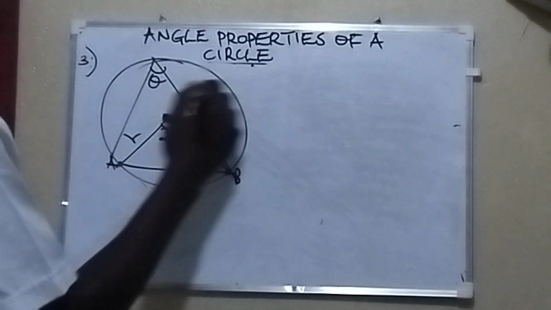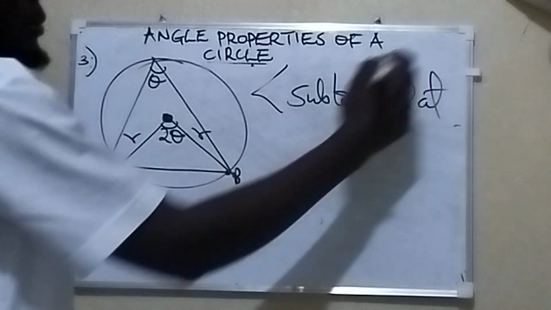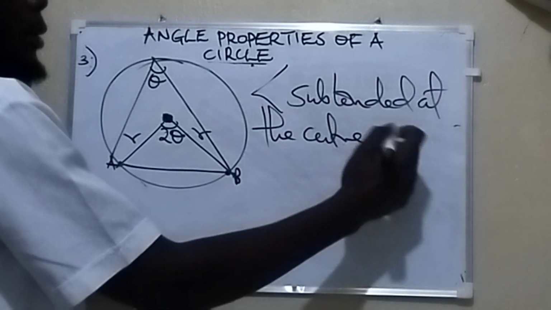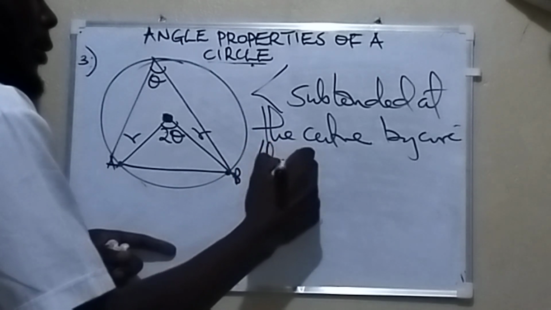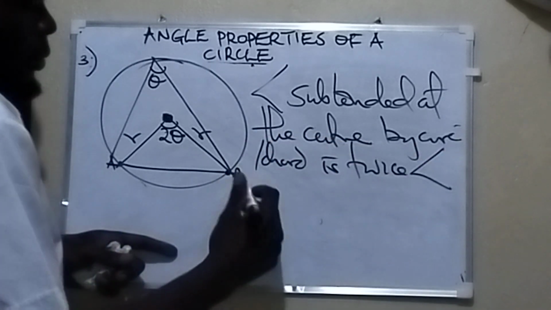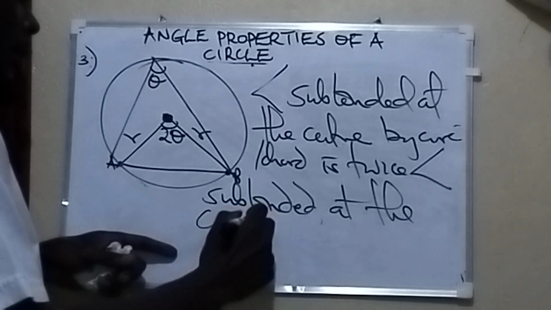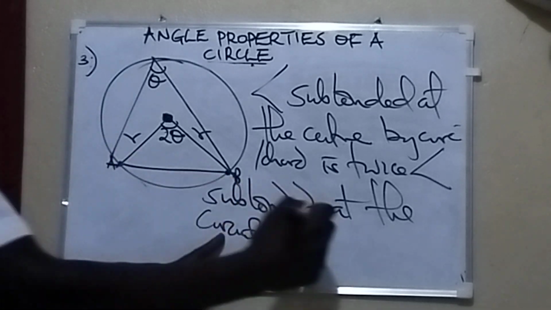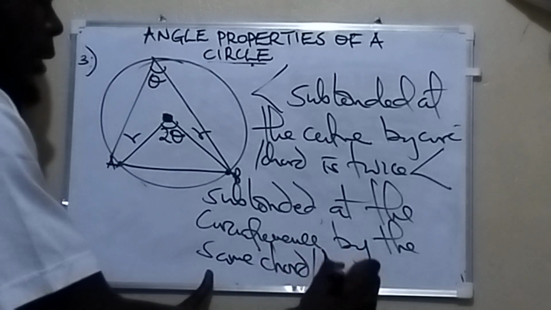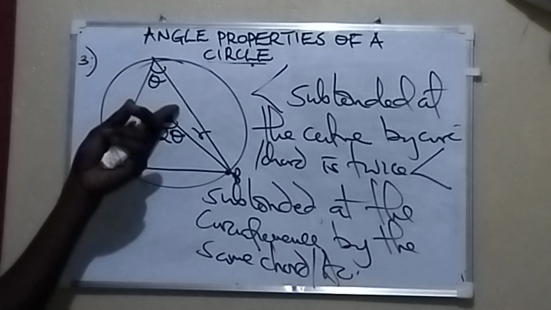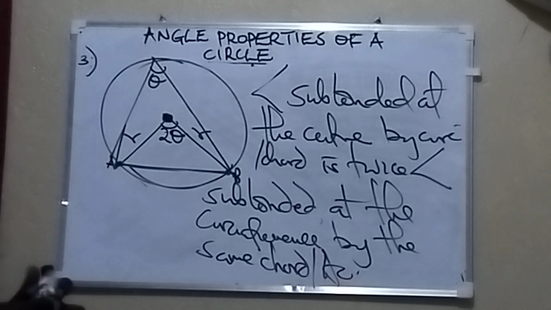So the angle at the center is twice the angle at the circumference, so long as it is subtended by the same chord or the same arc. So we have that property.